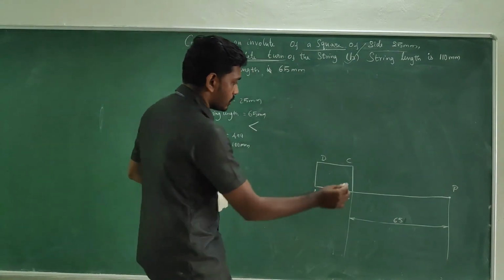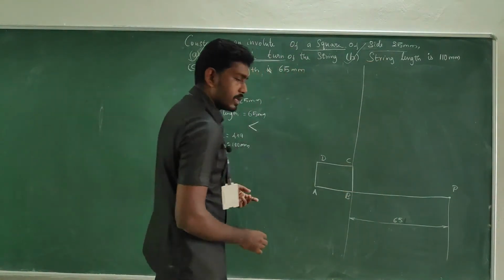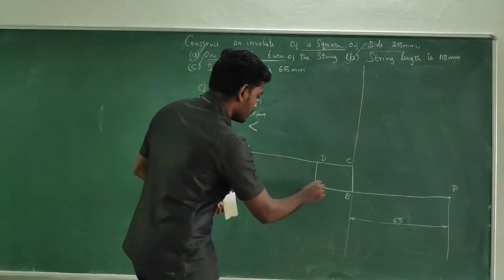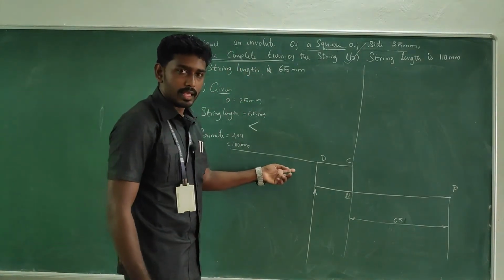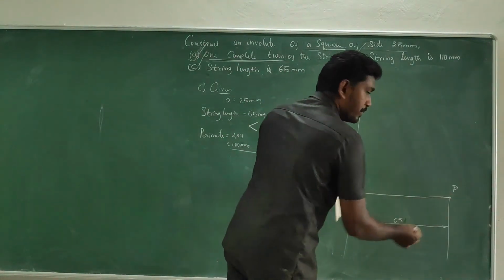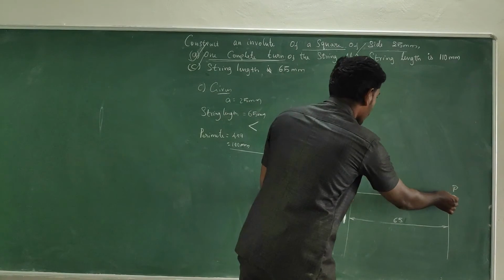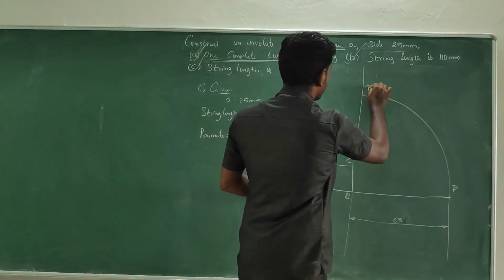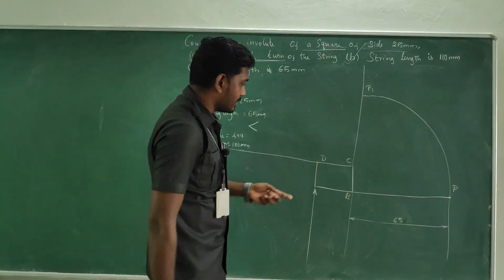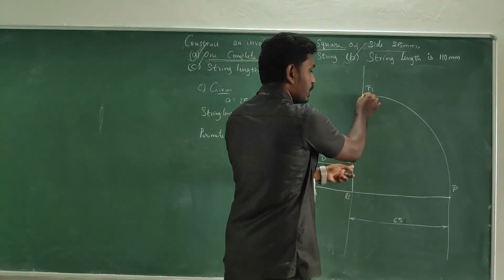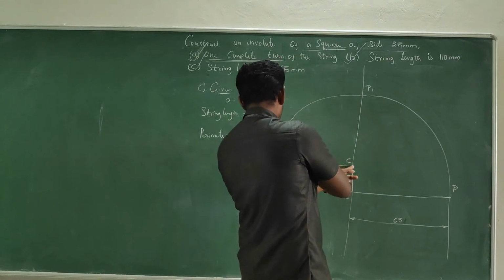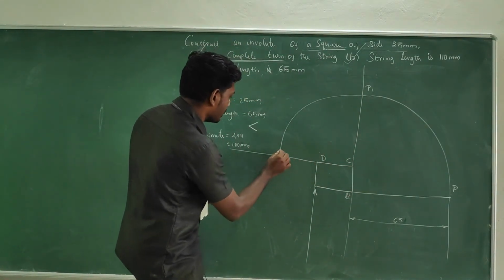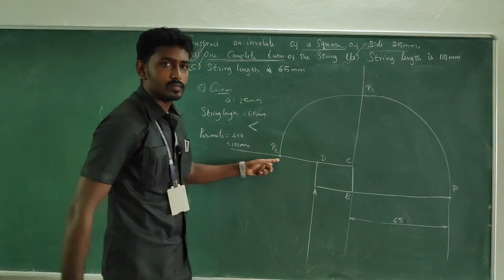What is next is take the 90-degree line from each end. Then measure B to P in your compass and go for an arc. This is P1. Then measure C to P1 and go for an arc till it intersects with the line coming from D. It is P2.